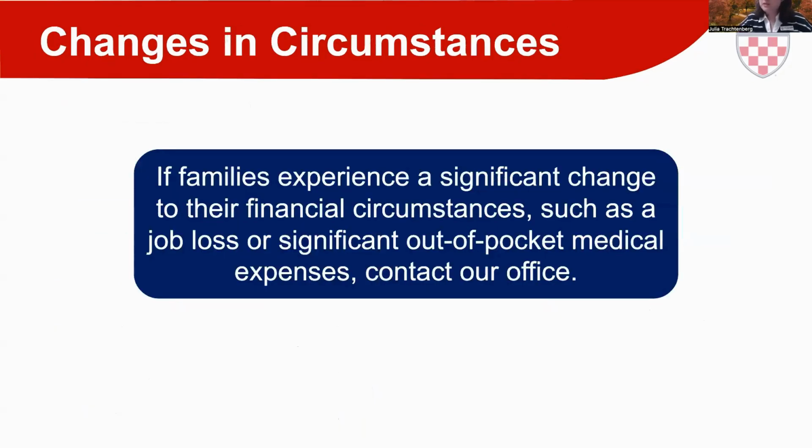Now, if your family experiences a significant change in their financial circumstances, please let us know. We can sometimes make adjustments if families have had things like a job loss or significant paid out-of-pocket medical expenses. And we can sometimes look at more recent income to see if there's anything that we can do.